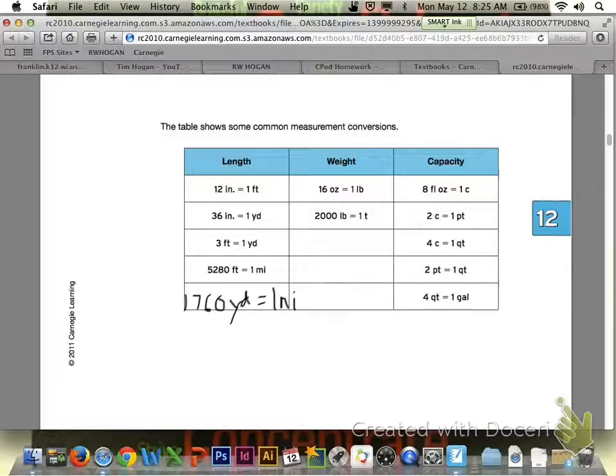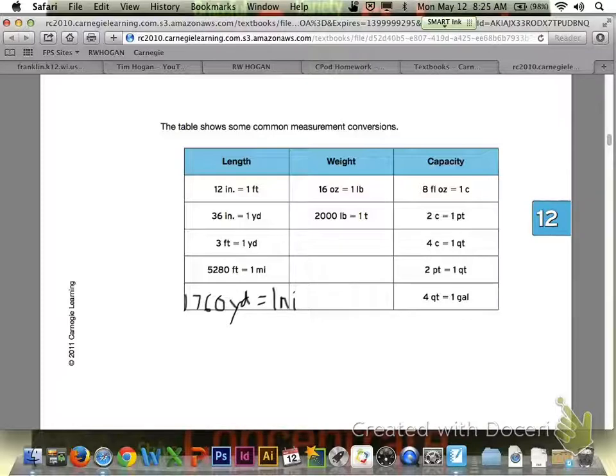Take a look at the table, and here are some common measurement conversions that you will need to know for length, weight, and capacity. Notice that I added in that there are 1,760 yards in 1 mile. I think that that conversion is important to know, and I want you to add that to the table.